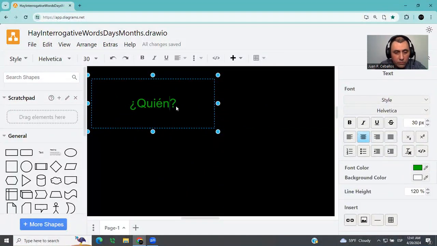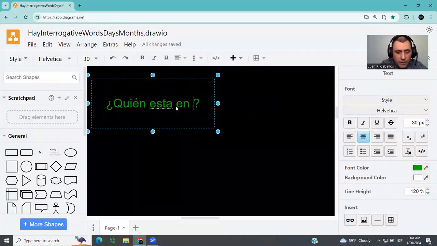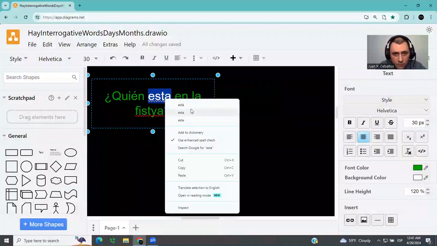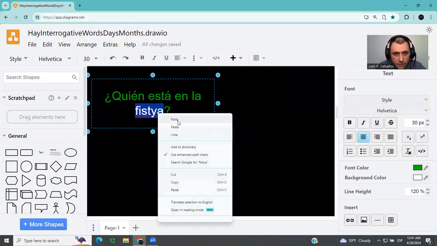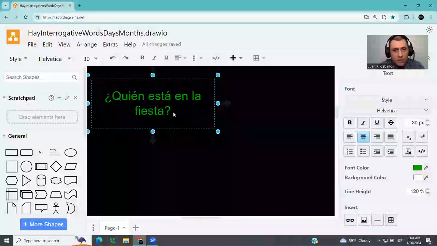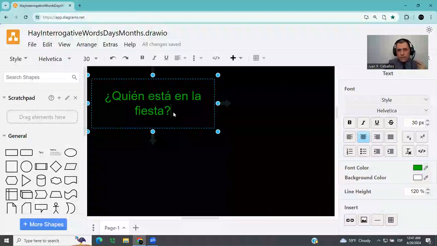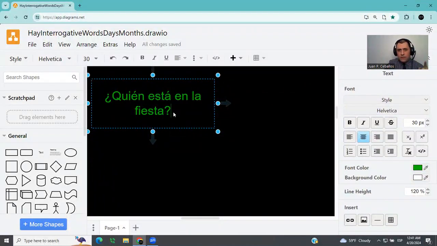For example, ¿quién está en la fiesta? That means who is at the party. When I say who is an interrogative pronoun, it's because who is acting as the subject of the sentence. In this case, I am asking about a person.